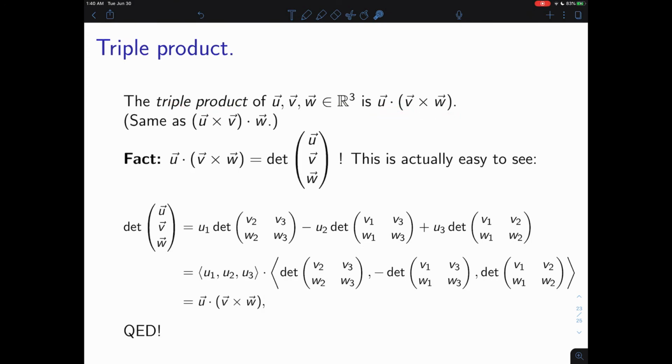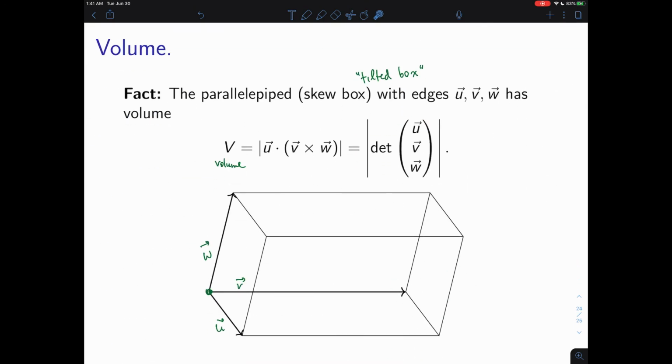The most important thing is the triple product: for three vectors U, V, W, do the cross product of two of them and then dot it with the other one. And the reason why it matters is because of this next slide that we kind of already started to see. This volume is given by that triple product.